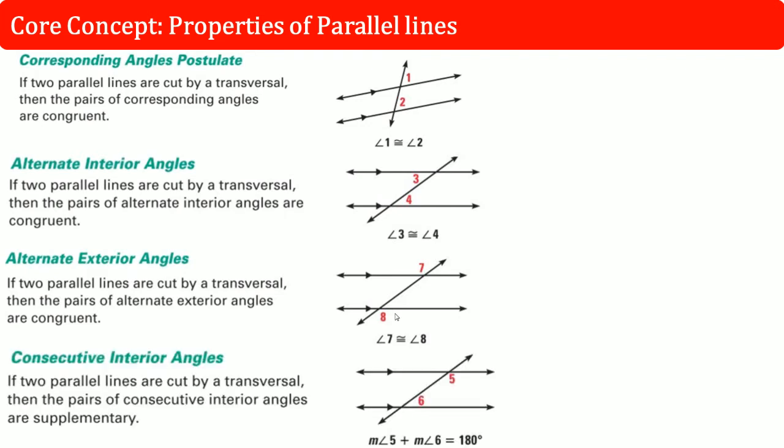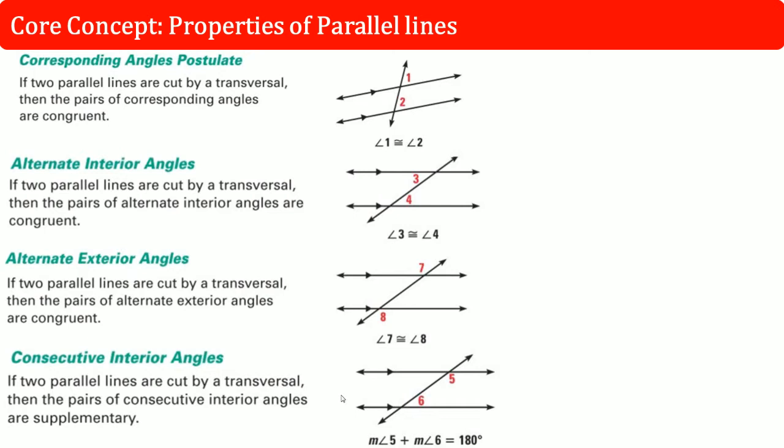And lastly, if they're on the same side and on the inside, that is when they are supplementary or add up to 180 degrees. You need to recall these four properties to solve for the equation, because this justifies the equation. Corresponding, alternate interior and alternate exterior angles allow us to set up an equation so that they're equal.